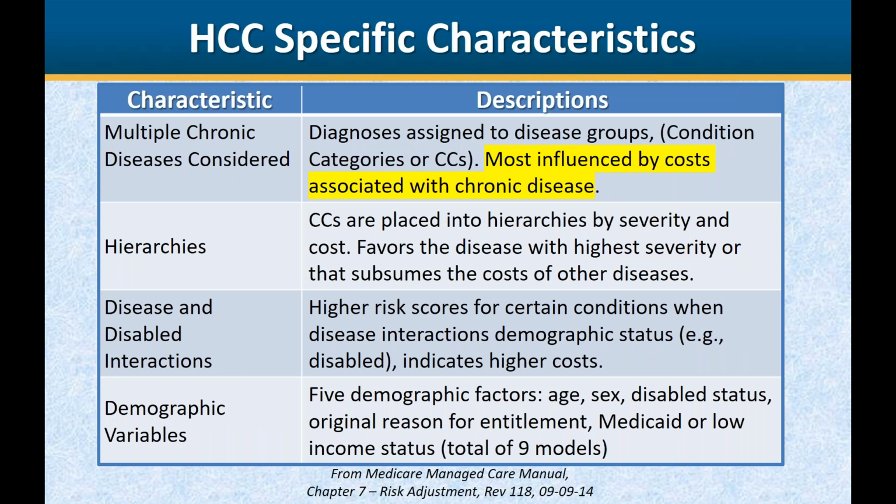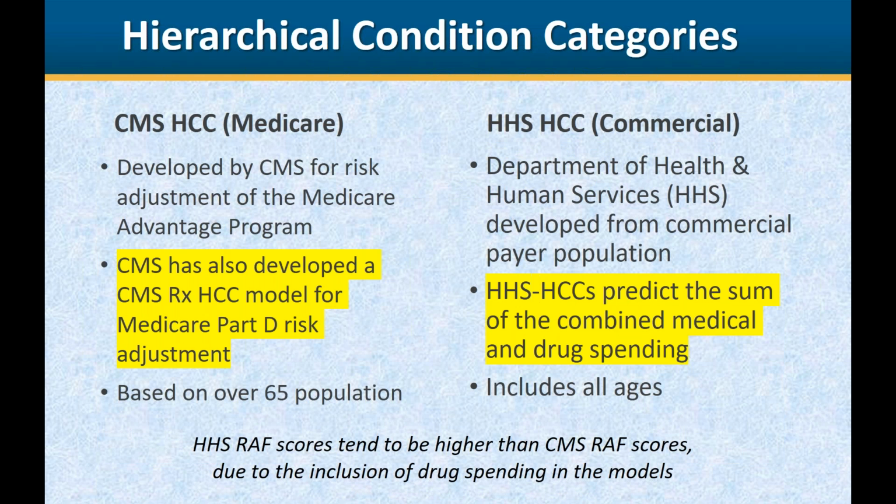The HCCs are really driven heavily by the chronic diseases, and I'm often surprised that the things that are near and dear to my heart for inpatient don't necessarily impact the outpatient as much, and vice versa. Again, these are in your handout. I just want to underscore that the Medicare CMS HCCs do not include drugs.